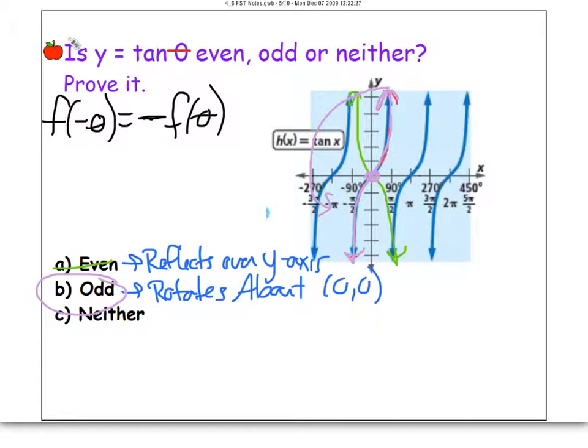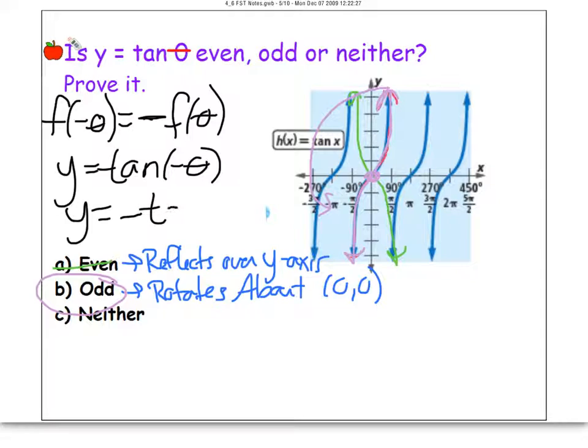Let me show you this. If I put a negative theta in here, you get y equals the tangent of negative theta. The opposites theorem that we learned said that the tan of the opposite angle is equal to the negative tan of theta. You don't need to worry about proving this algebraically, but you do need to understand visually that this is an odd function.